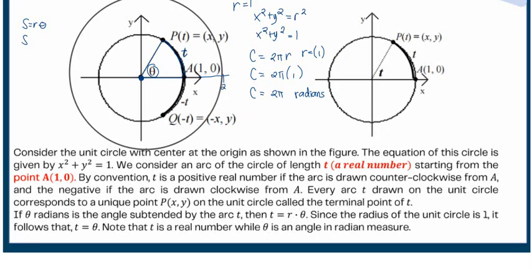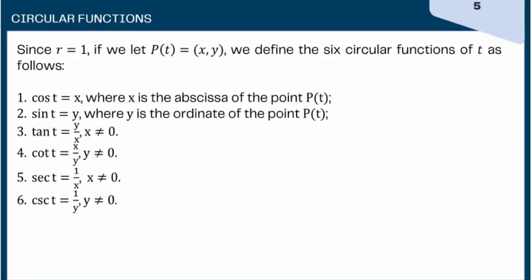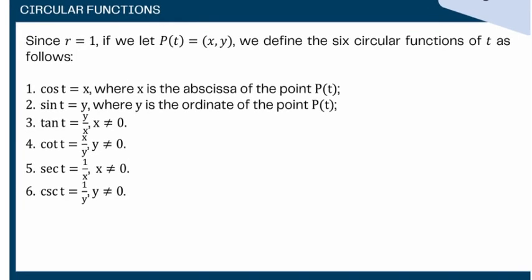If we replace our S with t, that would be our arc length that we are going to measure, and we set r here as 1, so it would be replaced with 1. Therefore, our t here is just equal to theta. That's why we could make use of this context to find also the trigonometric functions of a certain angle measure.